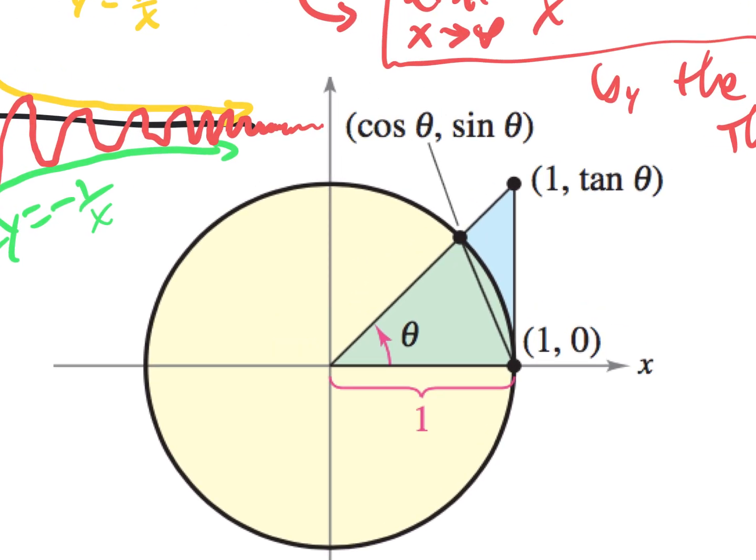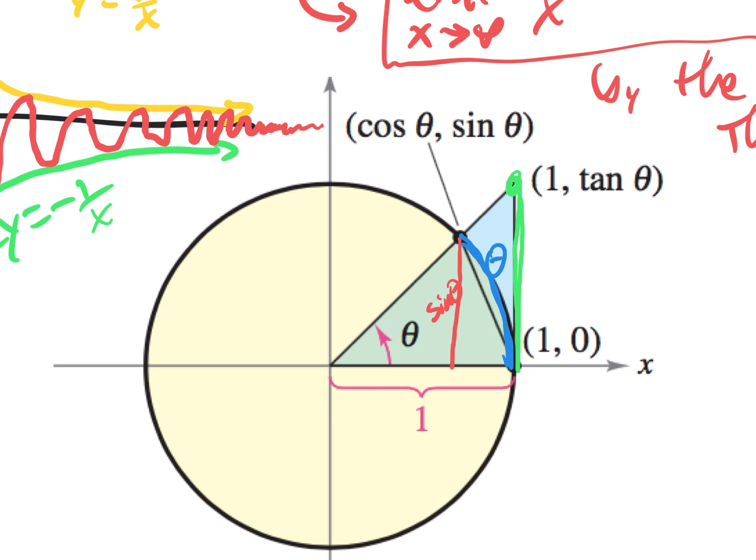Graphically, here's what that means. The sine of theta is this height right there. And theta in radian measure is the arc here. So the arc's a little bit more than the sine of theta. Tangent, you probably haven't seen this much, but tangent is actually this vertical line right here that is tangent to the circle.